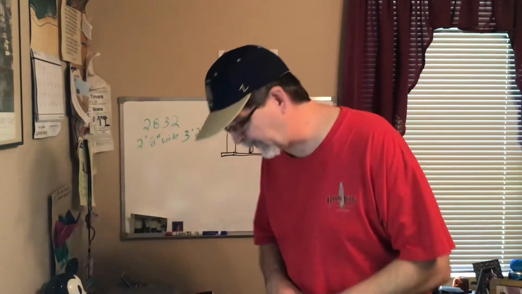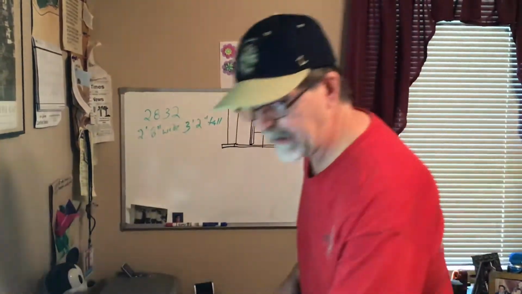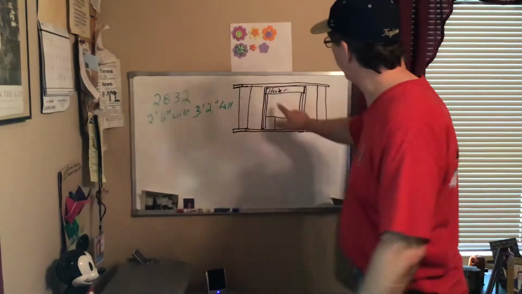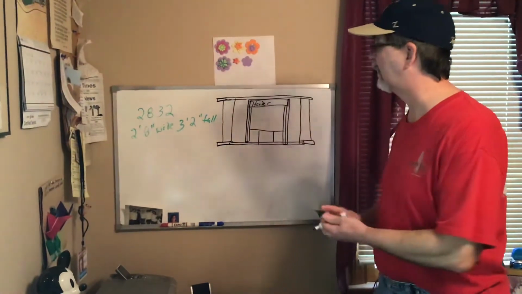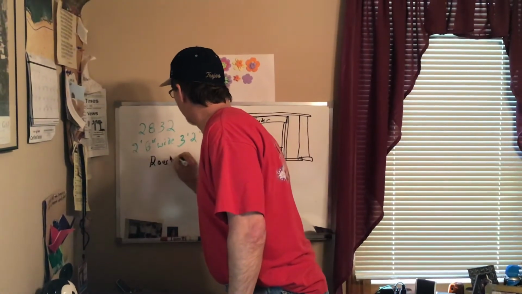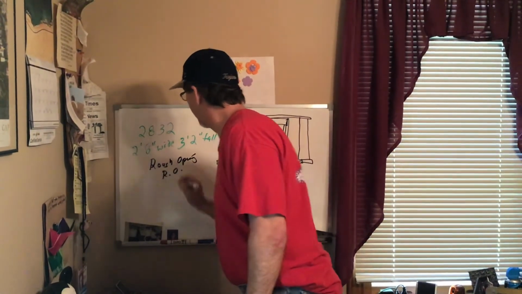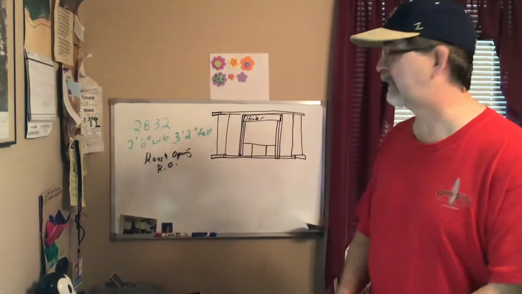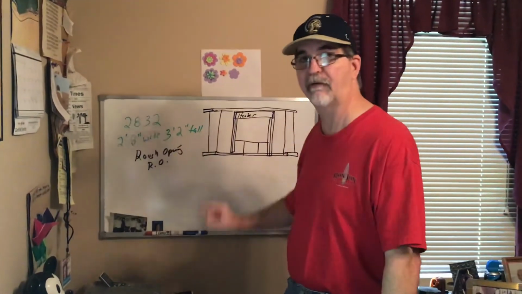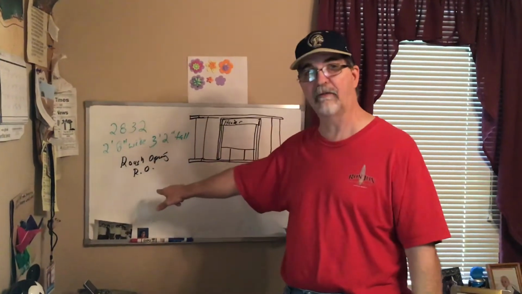The next step is on page 9, where it talks about figuring a rough opening. That's a little harder. What that means is, how big is this hole in the wall? Your book explains how to figure the rough opening, and we'll call it RO. We're going to continue with this 2832, because first you have to decode the window size before you can get a rough opening.